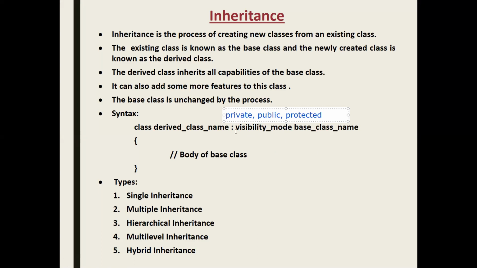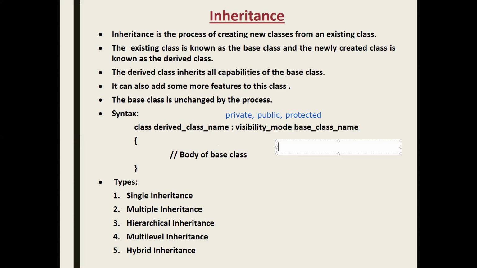So you can mention the visibility mode and the base class name. Whatever base class name you mention here with the visibility mode, the properties of the base class will be inherited to this derived class.